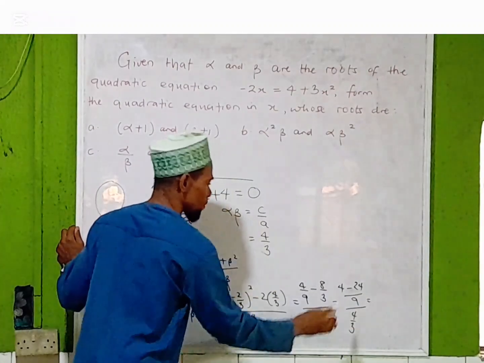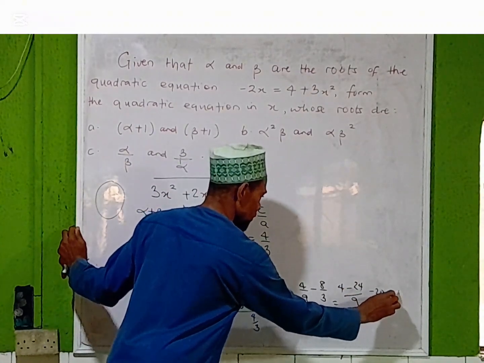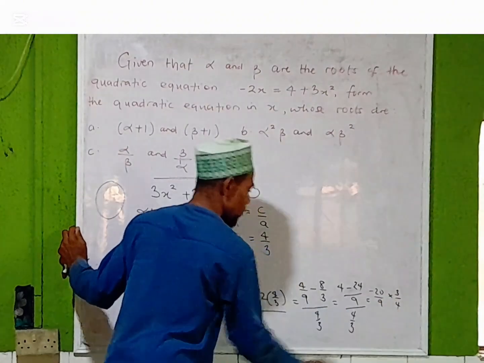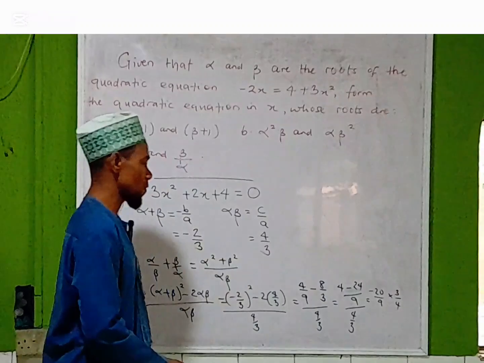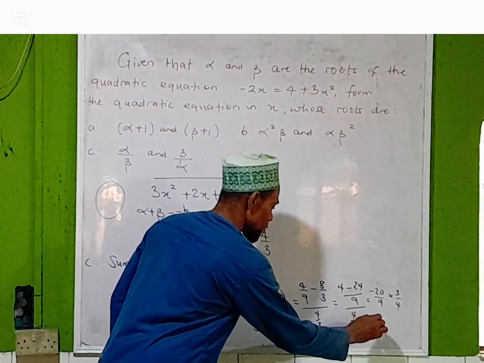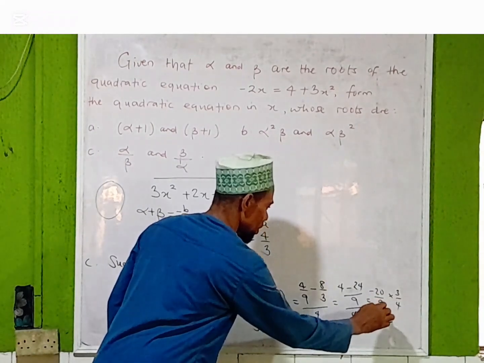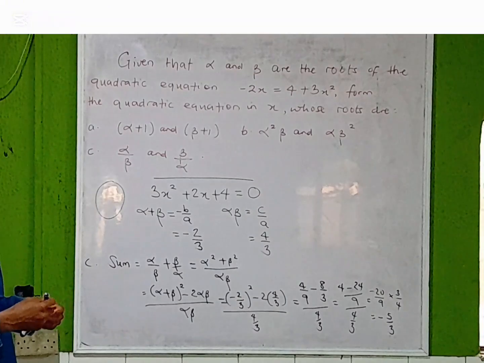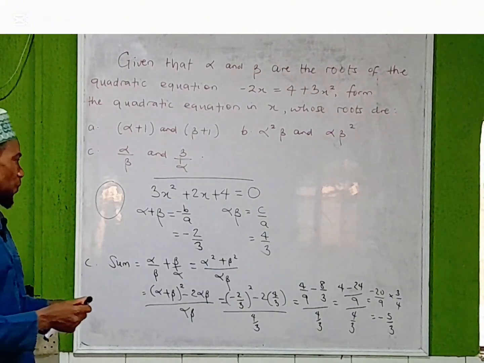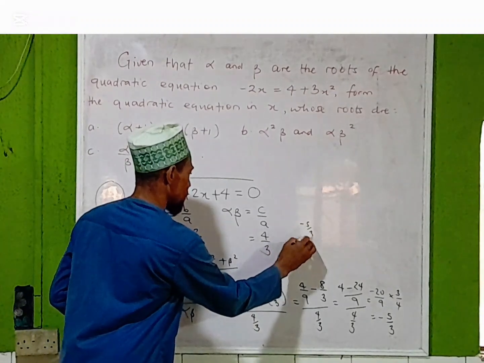So this gives us minus 20 over 9, times 3 over 4. When we invert this, dividing by 4 over 3 means times 3 over 4. So when we simplify for that, I'm going to have 4 in 20 is 5, 3 in 9 is 3. So the sum at the end of the day becomes minus 5 over 3. You can keep that somewhere, minus 5 over 3 as the sum.